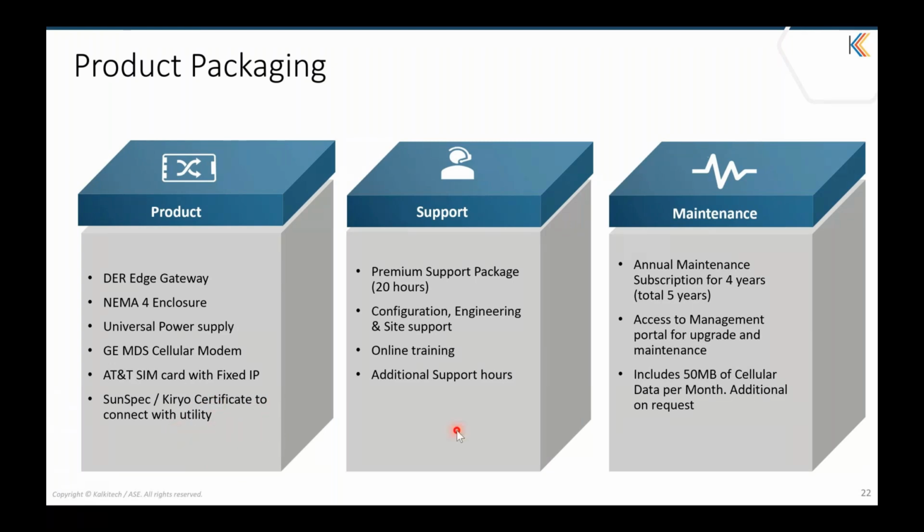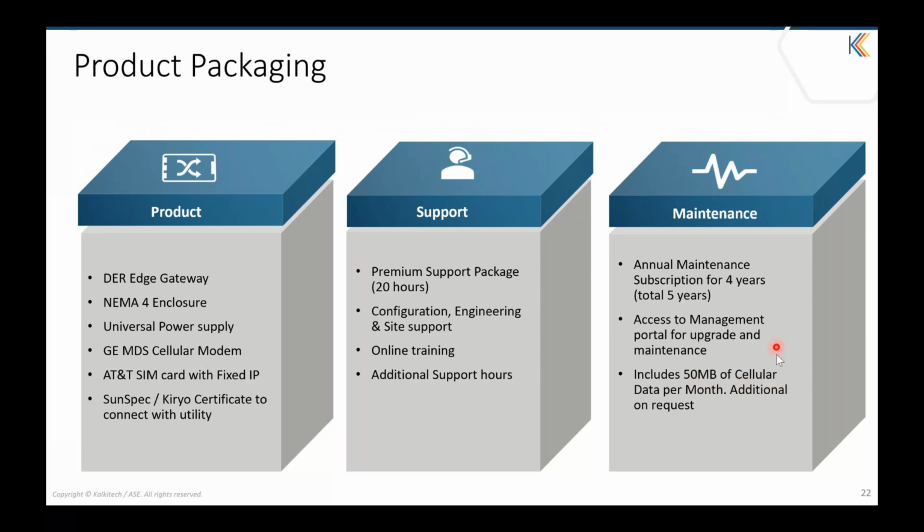And the premium support is already built in as part of the product. That is 20 hours of premium support for the configuration of the gateways, and the technical support for the installation and the commissioning of the gateways are all packaged as part of the product itself. Additional support, obviously, if required, can be availed extra.